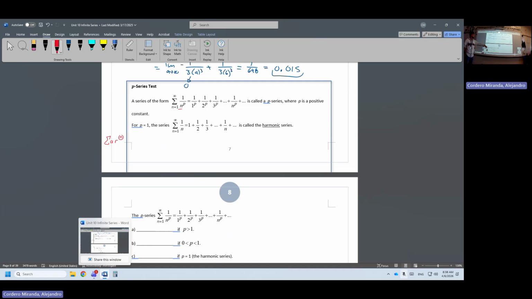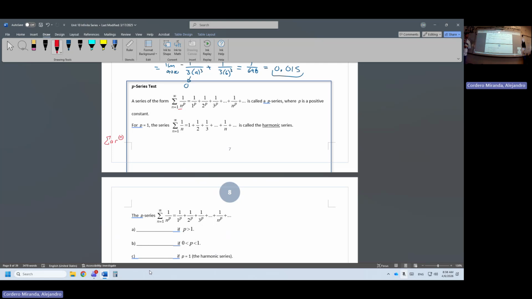So geometric is like the backwards version of that. The ratio is staying put, but the power is getting bigger. P series are the opposite. Power staying put, but the ratio, the fraction, is changing. So anyway, there you go. That's what's called a P series.